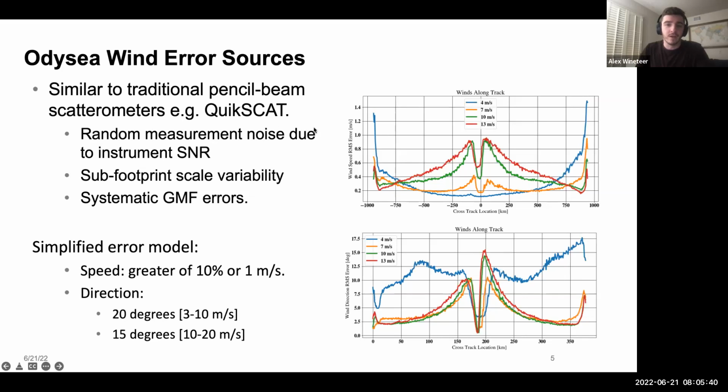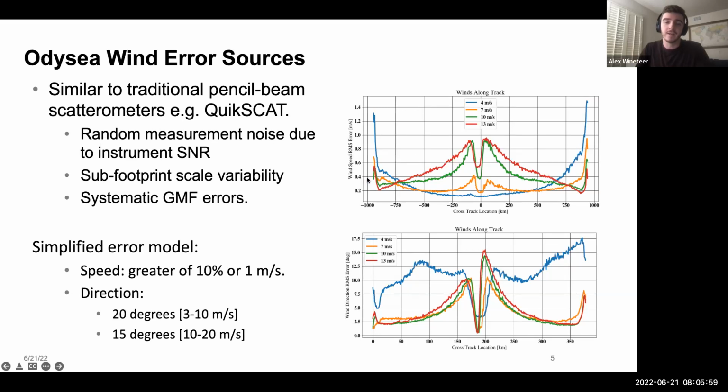For the wind side of things, again, this is really similar to traditional pencil beam scatterometers. The random measurement noise is primarily due to instrument signal to noise ratio and viewing geometries. But there are systematic GMF errors that we need to think about.